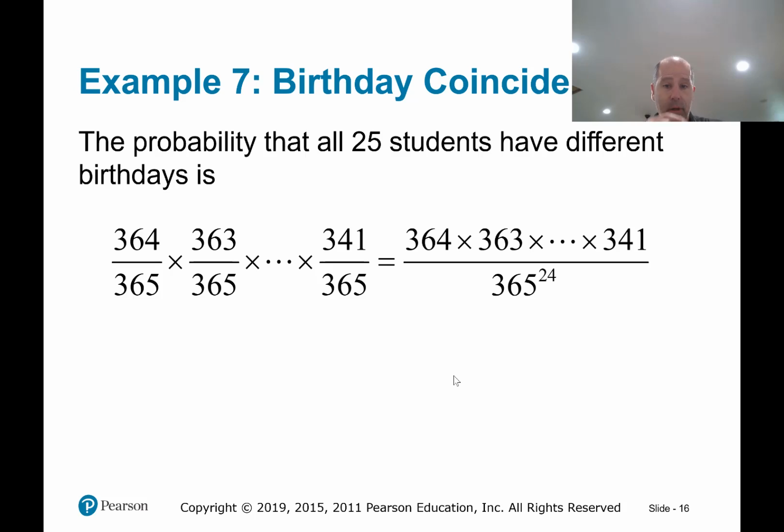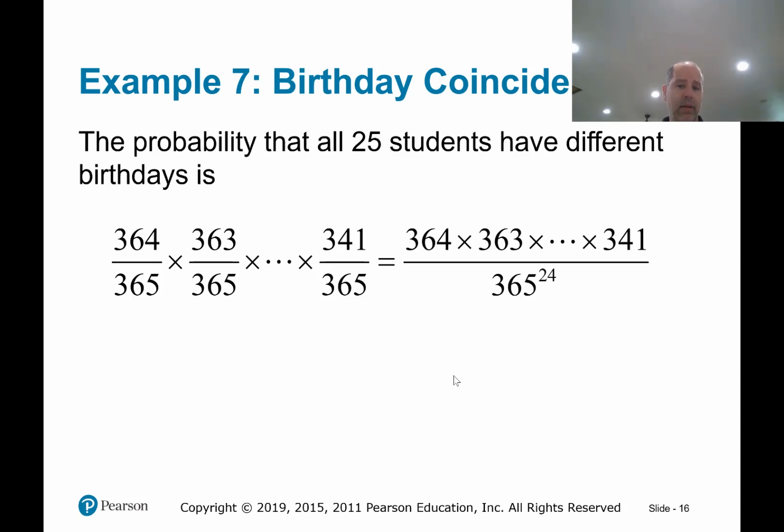So the top number gives us the total number of ways that 25 students can have different birthdays. Now, the bottom number is the total number of possible outcomes for 25 students to be born on any day, right? So this allows for everything.